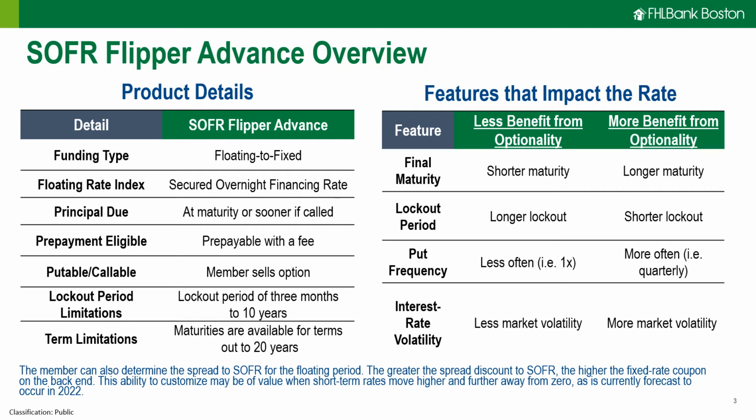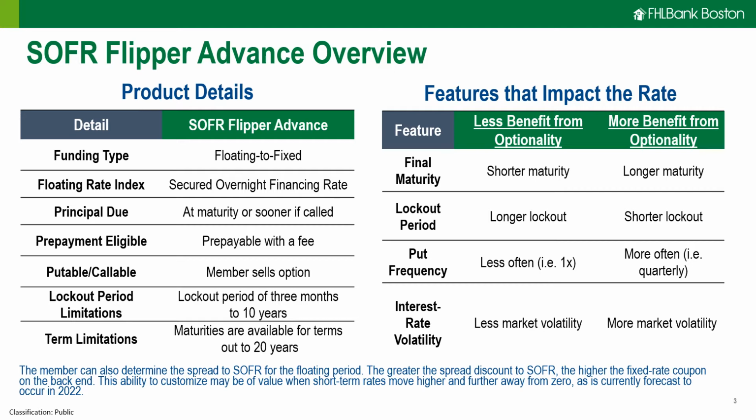In terms of the frequency, the more often there are opportunities for the advance to be put back, i.e. quarterly, you will see more benefit versus when the frequency is less often, such as just a one-time option. And lastly, in terms of interest rate volatility, as market volatility is higher, that is going to lead to more benefit coming from having and selling the embedded option.